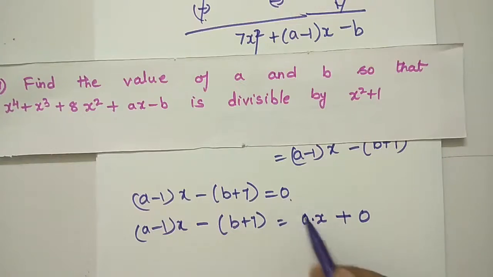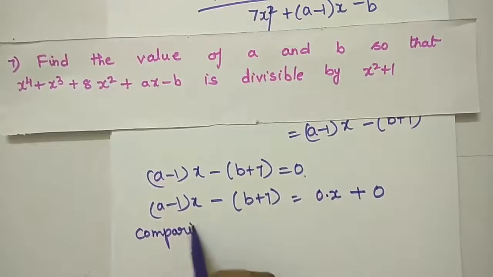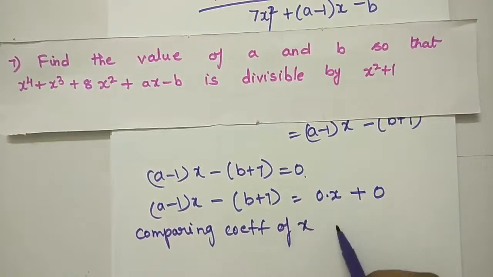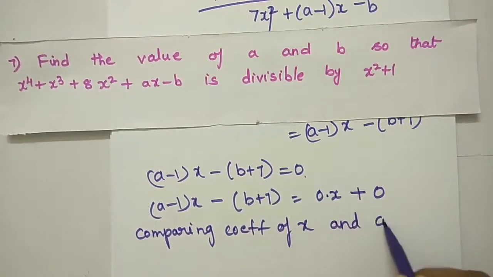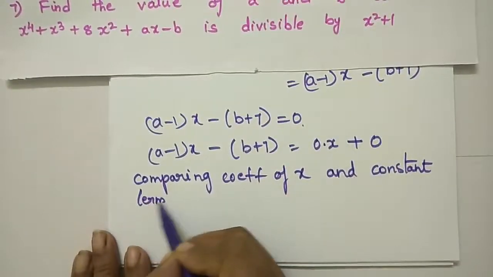So we will get 0. So this 0 can be written like this. Is it not? Now comparing the quotients of x and constant term on both sides.